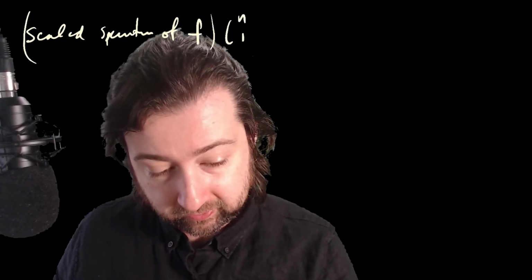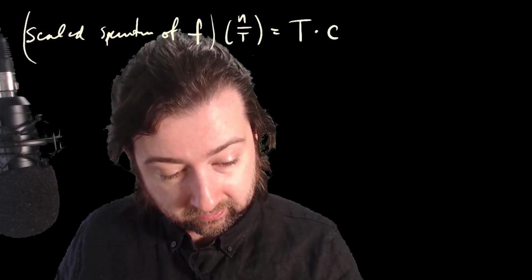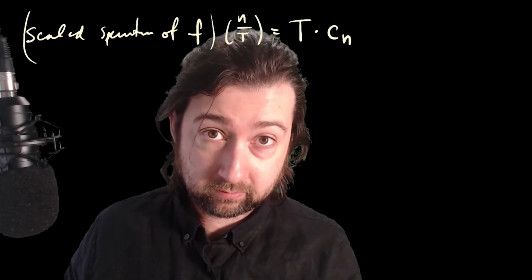Let's see if we can write down what we did here in an integral formula that might show a process for getting from where we started, that is writing down this T periodic function, to where we ended up. So what we showed was that the scaled spectrum of the function f evaluated at points n over T was equal to T times the Fourier coefficient c_n, right?